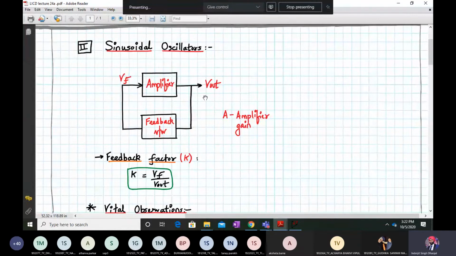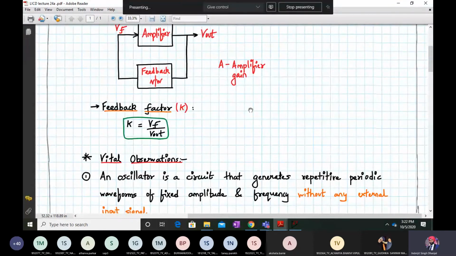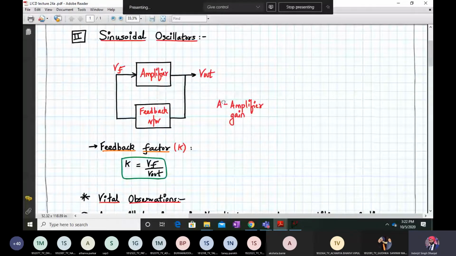So hence I have written over here, output is V out and my feedback signal is VF. Now the feedback factor is given by the formula K is equal to VF upon V out. Now you might wonder why not V out upon VF? Remember that the input to the feedback network is V out and the output is VF. That's why the formula for the feedback factor K is given by VF upon V out.